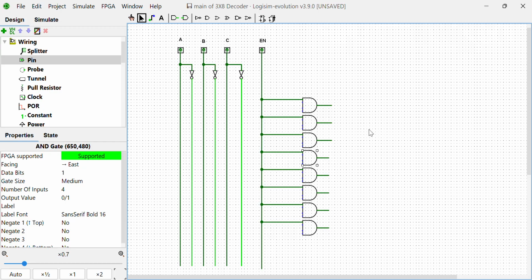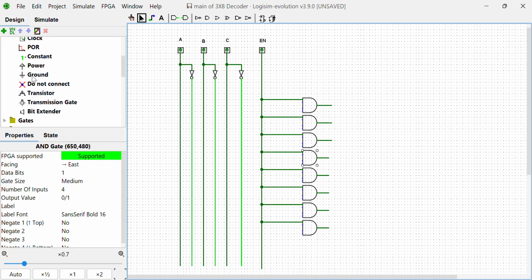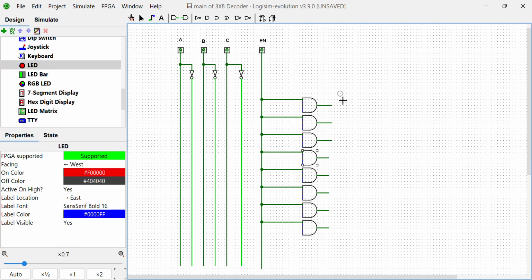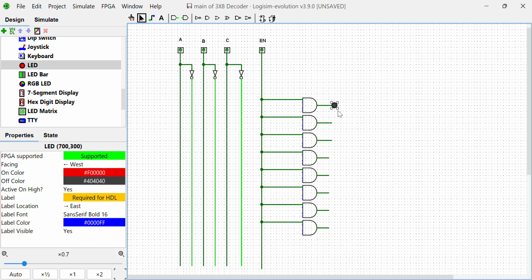Okay, let's connect the LED to it. So we go and pick the LED and connect it to each of the outputs.